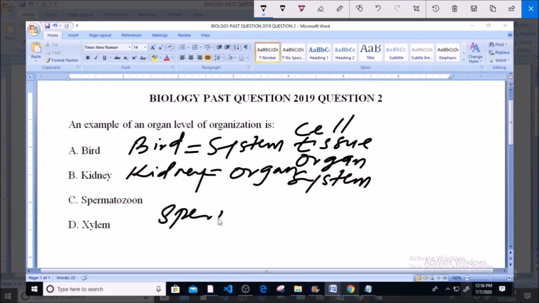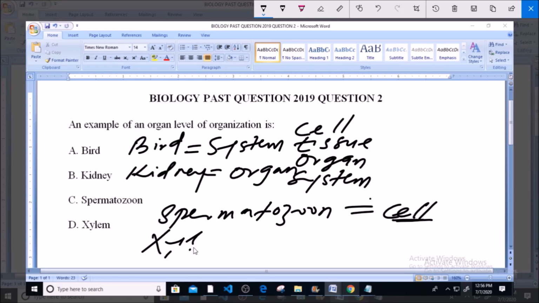The spermatozoon is a cell, a sex cell for males. So it is not made up of any level of organization because it is the basic level of organization, which is the cell, like I said earlier.